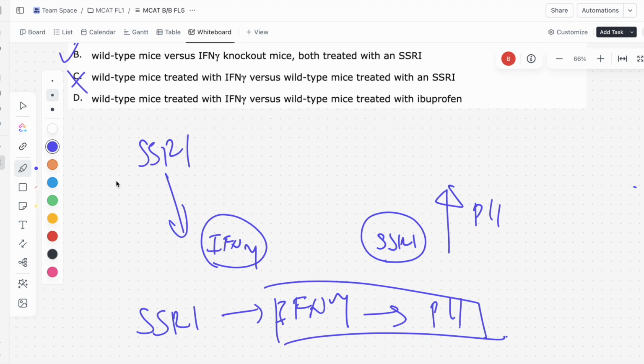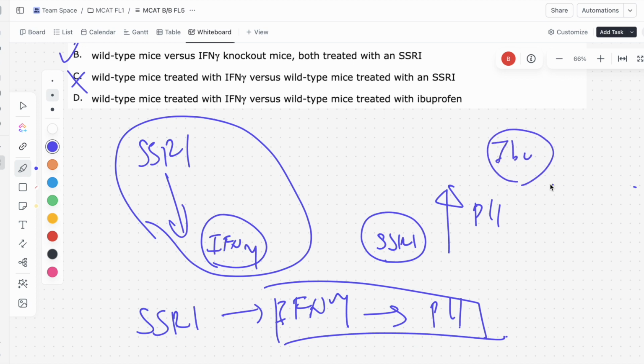Finally, D says wild-type mice treated with IFN gamma versus wild-type mice treated with ibuprofen. Exact same idea as before. We have this group right here for D, and then we have wild-type mice treated with ibuprofen. Guys, ibuprofen is not an SSRI. We don't have any connection between SSRIs and IFN gamma if we treat wild-type mice with ibuprofen.